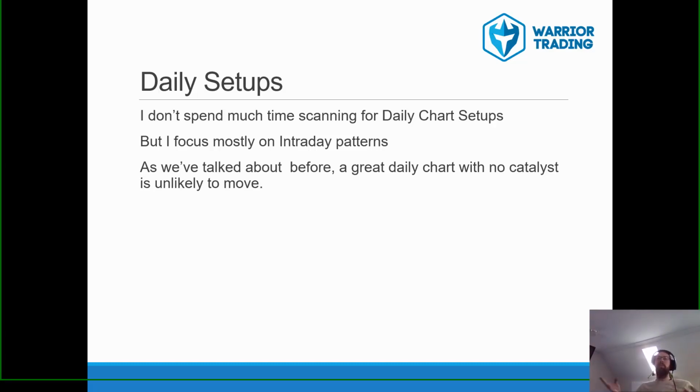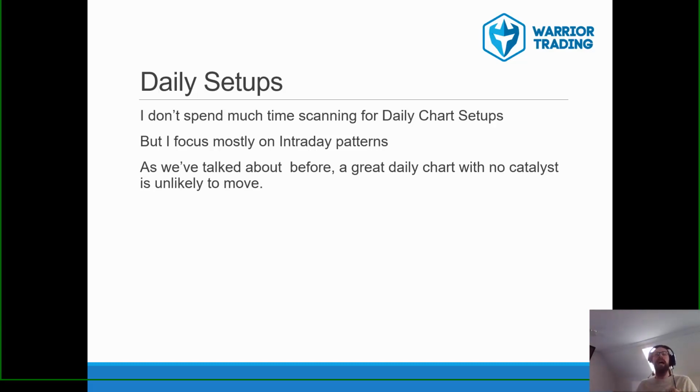So, it's the chicken before the egg. Which drives the stock? Is it the strong daily chart or is it the intraday pattern? It's almost always the intraday pattern that gets the stock started, and then having that strong daily chart, like a breakout setup or something like that, is going to make more traders who pull up this stock and see it spiking up recognize the strength and the potential.